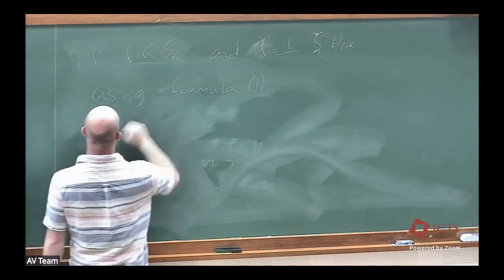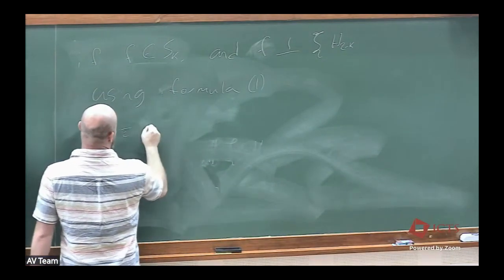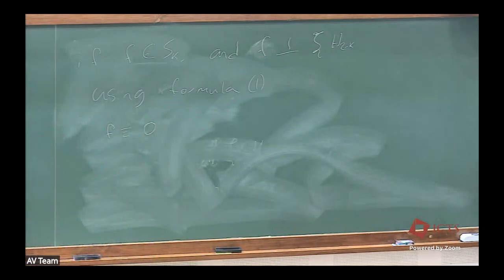Then using formula 1, you end up getting that f is just identically the 0 function, right? They're orthogonal to the cusp forms, or the image of Xi of h. And so we go through each of these coefficients. Each one of those coefficients has to be identically 0. So the function itself is identically 0. Okay. Does that make sense?